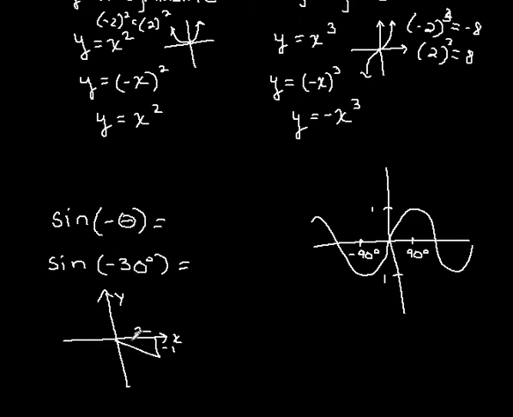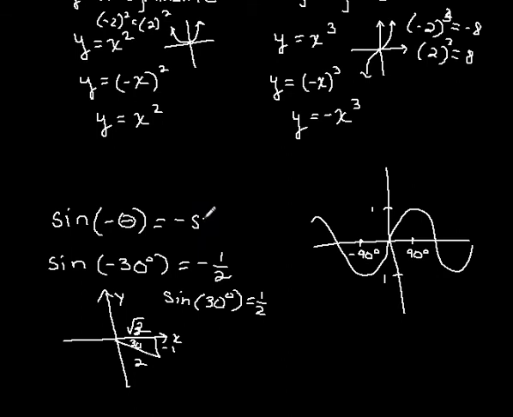If we put sine of +30 degrees, we know we get 1/2, right? So if we do -30, we're going to get -1/2. Opposite over, whoops, this is hypotenuse, this is the square root of 3. So we're going to get out a -1/2. So a sine function is an odd function.